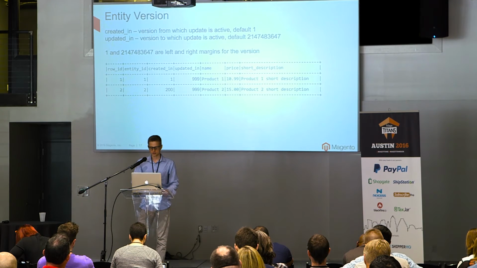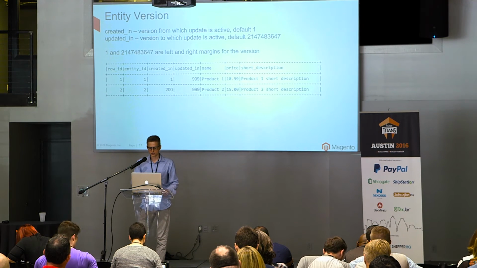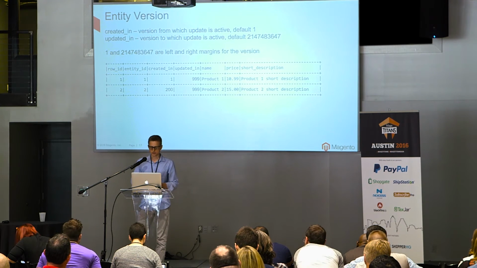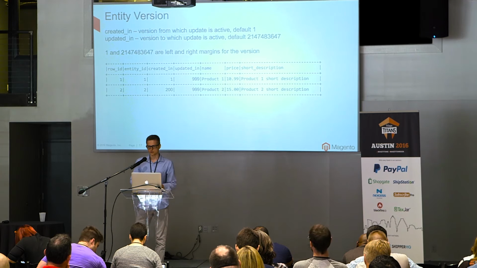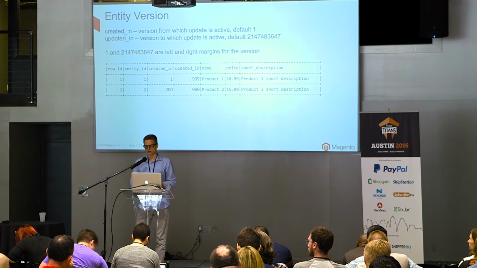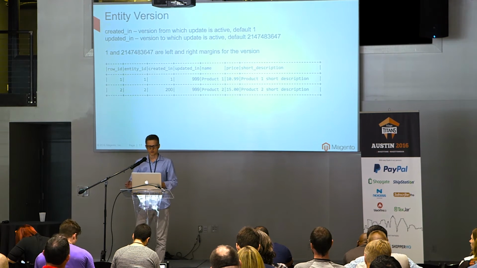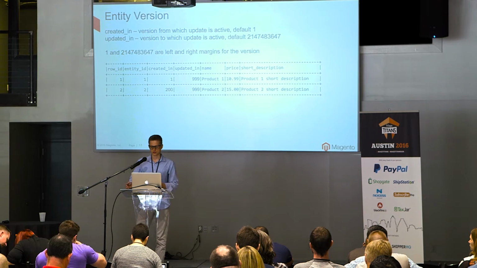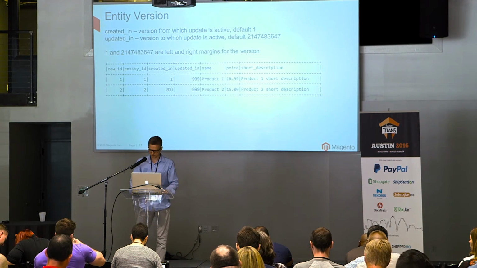This means that this product is always active. The second product has created in 200 and updated in 999. That means that this product will become active from version 200 and will be active after that version all the time.